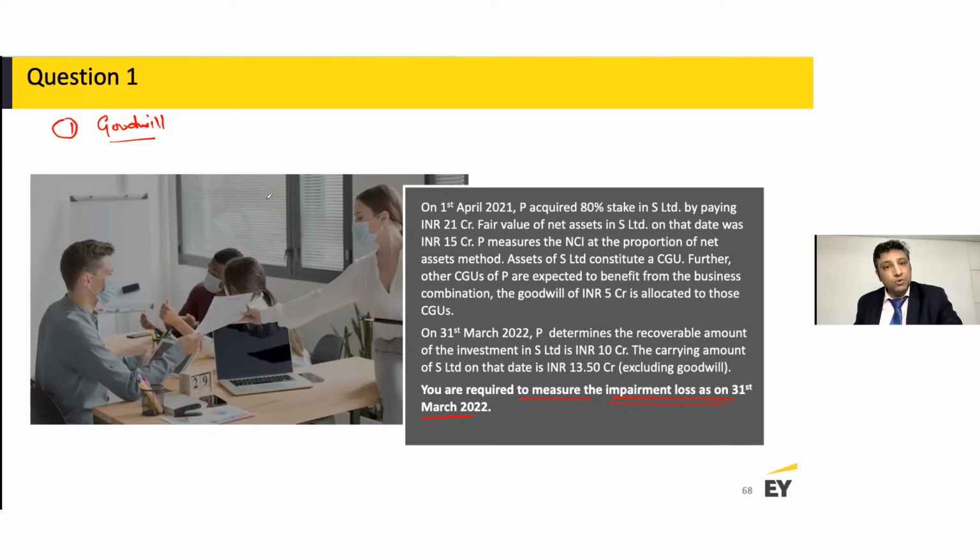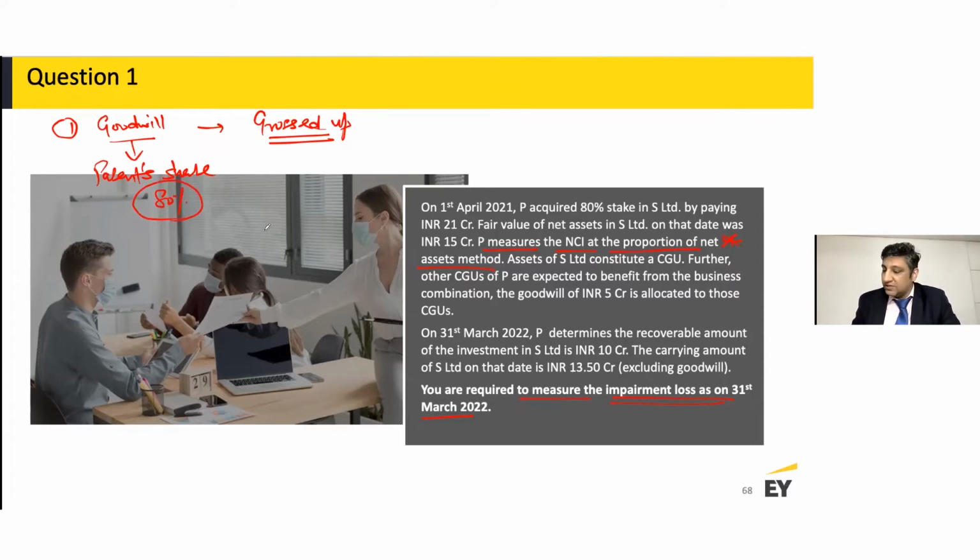Now, the other point that you also want to remember here is that we are provided with the information that the NCI, the non-controlling interest, is measured at a proportion of net assets method. And that is where the goodwill needs to be grossed up, because the moment we say it's a proportion of net assets method, this goodwill is purely reflecting the parent's share, which is basically 80% as given to us.